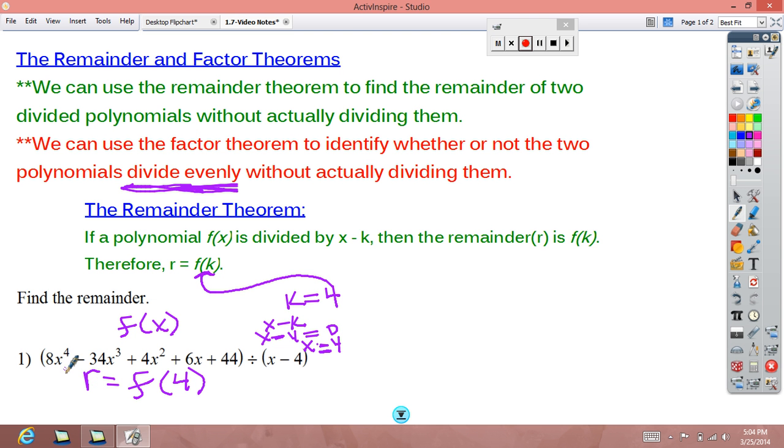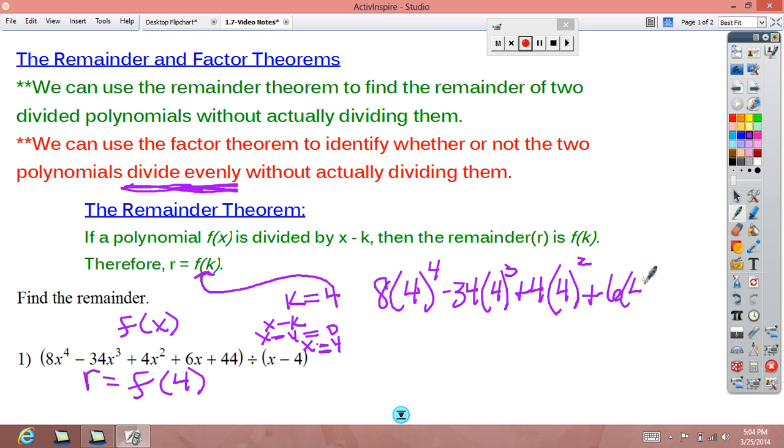So 8x to the 4th means I have 8 times 4 to the 4th power minus 34 times 4 to the 3rd power plus 4 times 4 squared plus 6 times 4 plus 44. From here I'm going to simplify. PEMDAS, parentheses first.